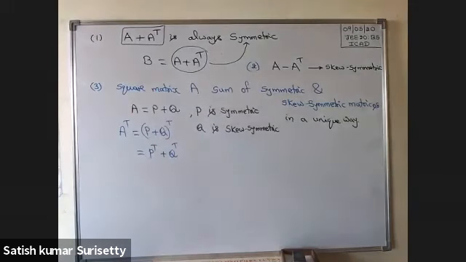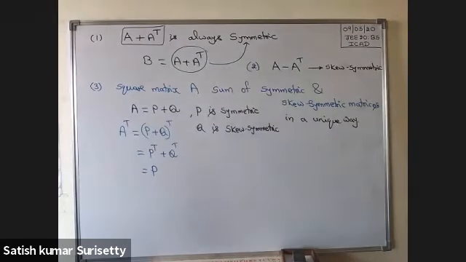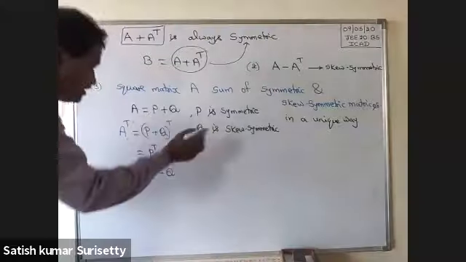What is P transpose? You can write it as P, because P is symmetric. And what is Q transpose? You can write it as minus Q, because Q is skew symmetric.